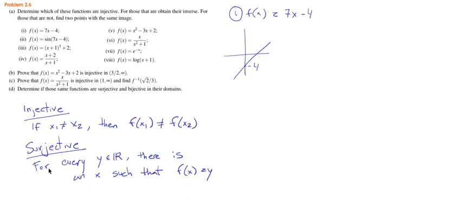Okay, so the easiest way actually to see if a function is injective or not is to find its inverse. Okay, to go directly to that. So if a function is injective, then for 2 different values of x, you will have 2 different values of y, which means that you can always find an inverse function.